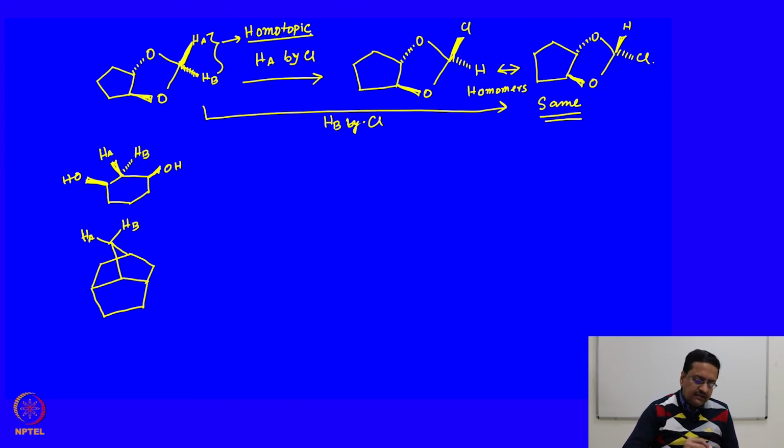Let us try to see what happens if we replace this Ha and Hb separately by chlorine. We would get two different molecules.